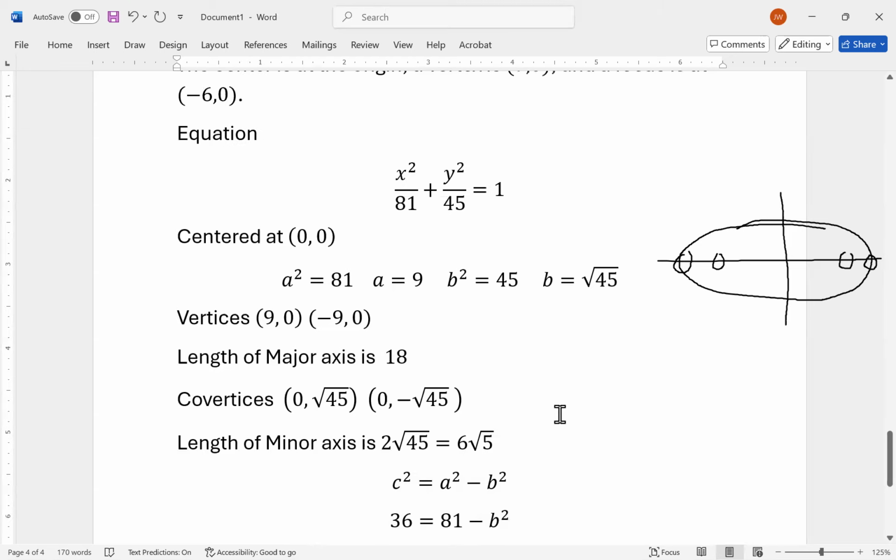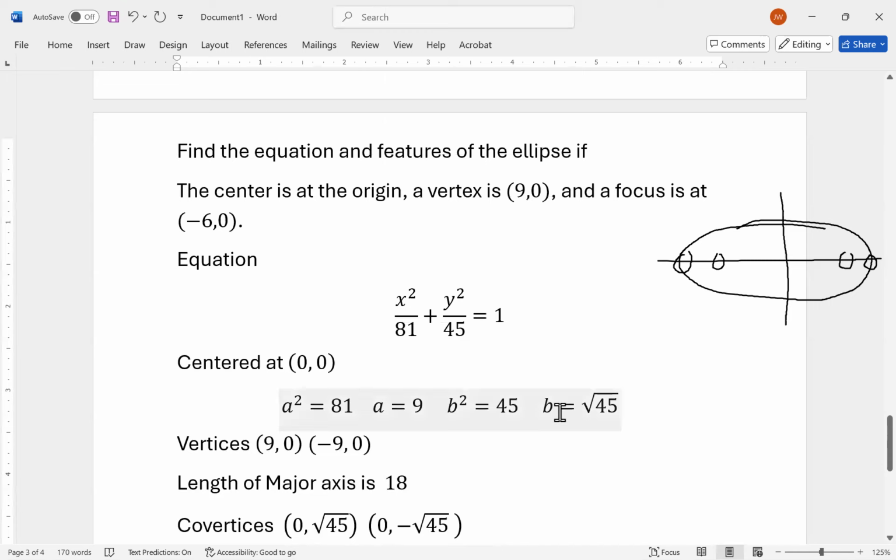And I think I've mentioned this, but just so that I mention it again, when we use a, b, and c, we always have the convention that a, b, and c are positive. So that's why I took 9 rather than -9 as my a. That's why I took the positive square root of 45 rather than the negative square root of 45 as my b.